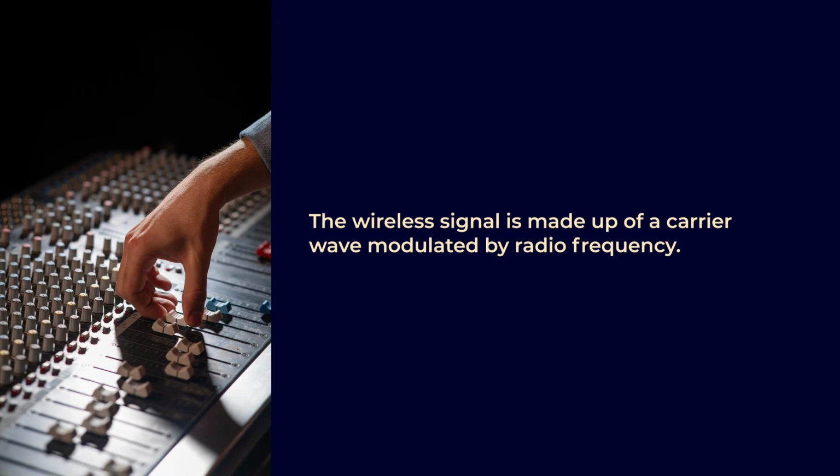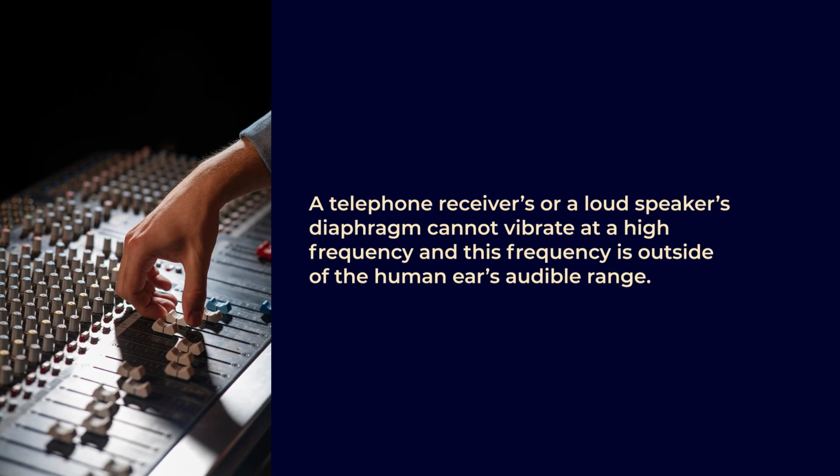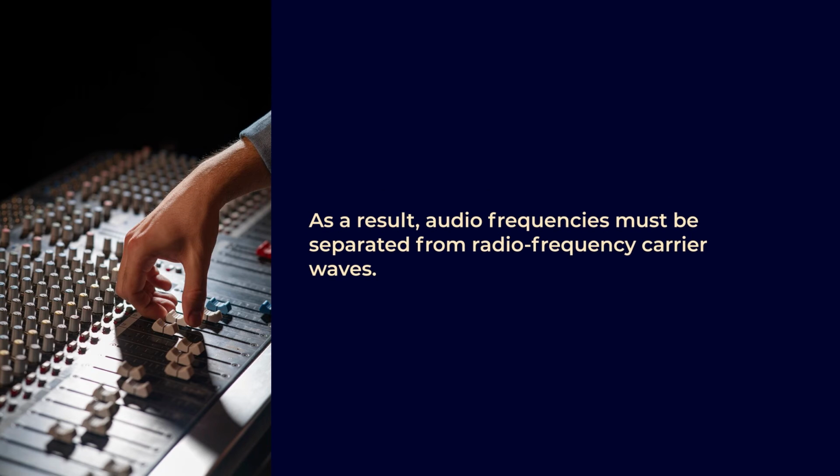The wireless signal is made up of a carrier wave modulated by the audio signal. A telephone receiver's or a loudspeaker's diaphragm cannot vibrate at a high frequency, and this frequency is outside of the human ear's audible range. As a result, audio frequencies must be separated from the radio frequency carrier wave.